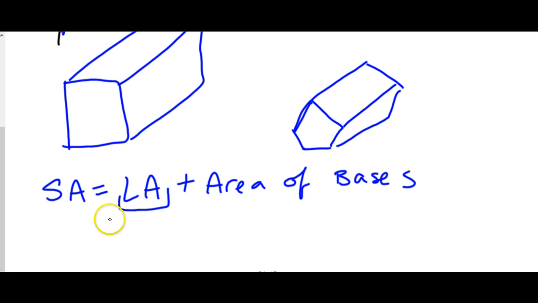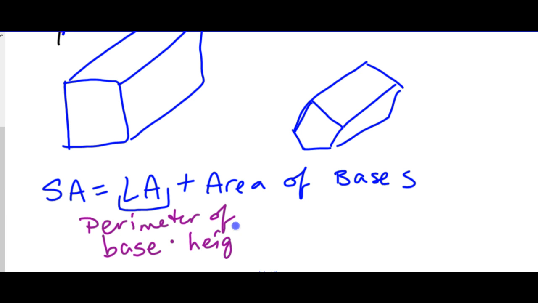With the lateral area, it's always the perimeter of the base times the height of the prism. With the area of the bases, it depends on what kind of base you have. A triangle has its own area formula, a rectangle has its own area formula, and we'll go over that as we go through some examples.